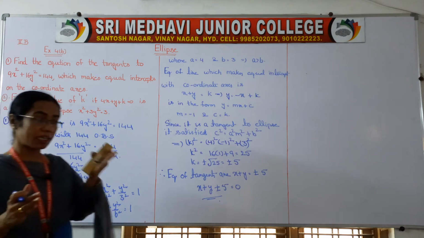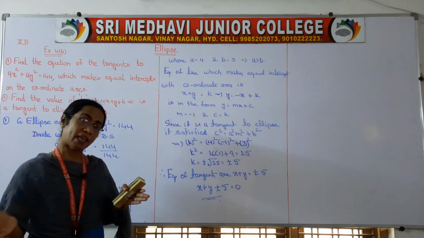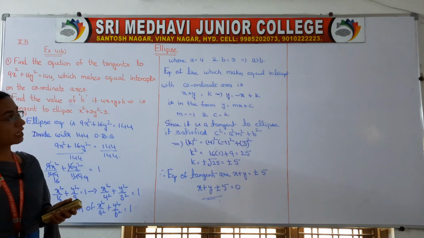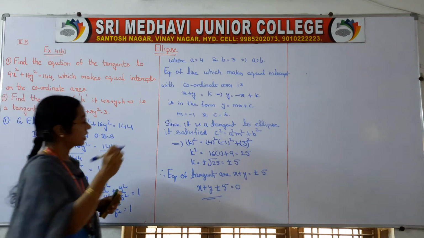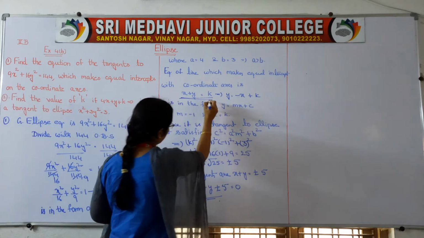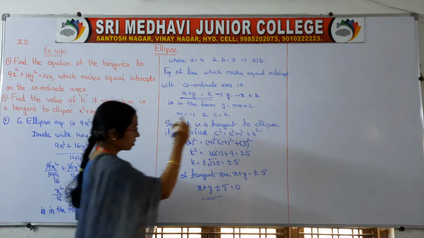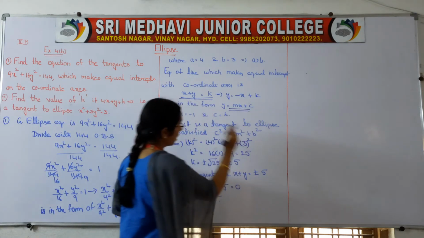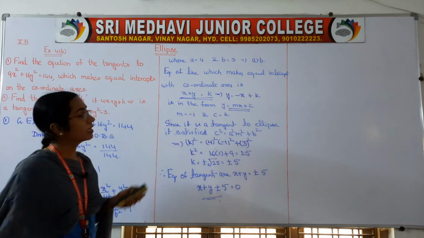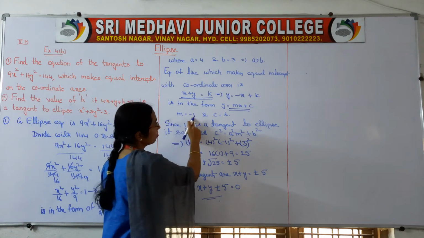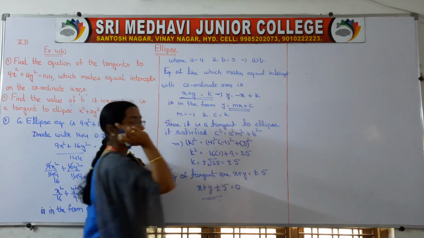That means equal intercepts with the x axis as well as y axis. So, any line which makes equal intercepts with the coordinate axes is x plus y is equal to k. This can be written in y is equal to mx plus c form. Send x to that side, it will be minus x. Then your m is equal to minus 1 and c is equal to k.